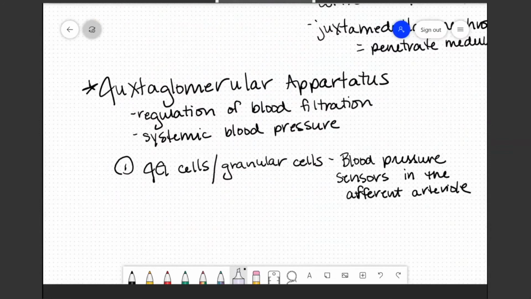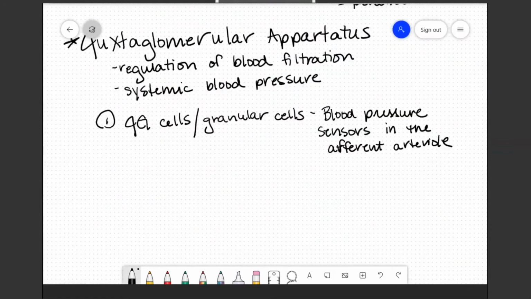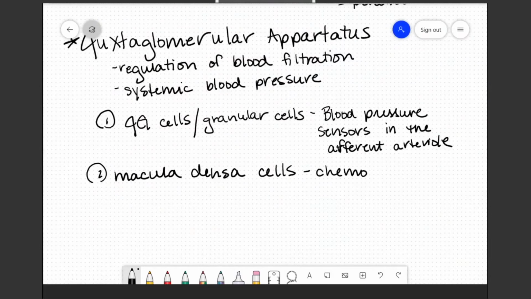A second structure for the juxtaglomerular apparatus are going to be called the macula densa cells. Your macula densa cells. And these are going to be a chemoreceptor. So they're going to measure chemical concentration and chemical level.